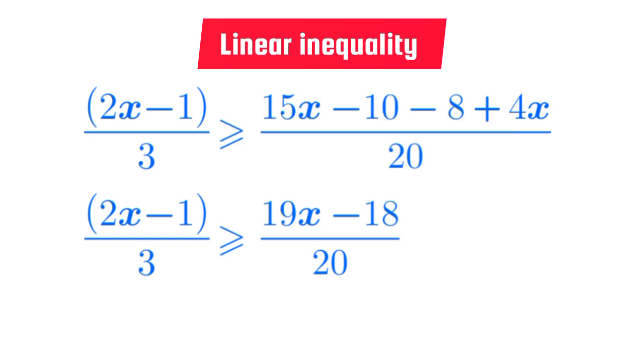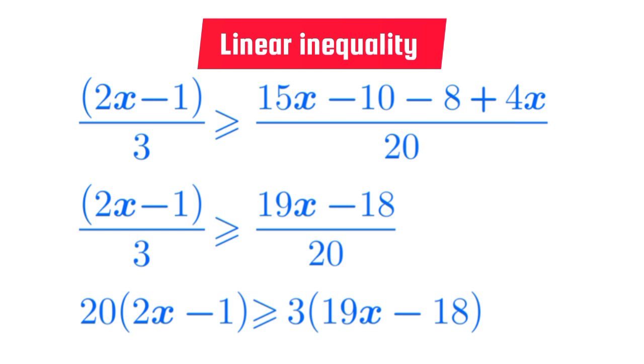Now, our inequality looks like this: 2x minus 1 over 3 is greater than or equal to 19x minus 18 over 20. So the next step we are taking is to cross multiply, that is, multiplying the denominators to both sides.